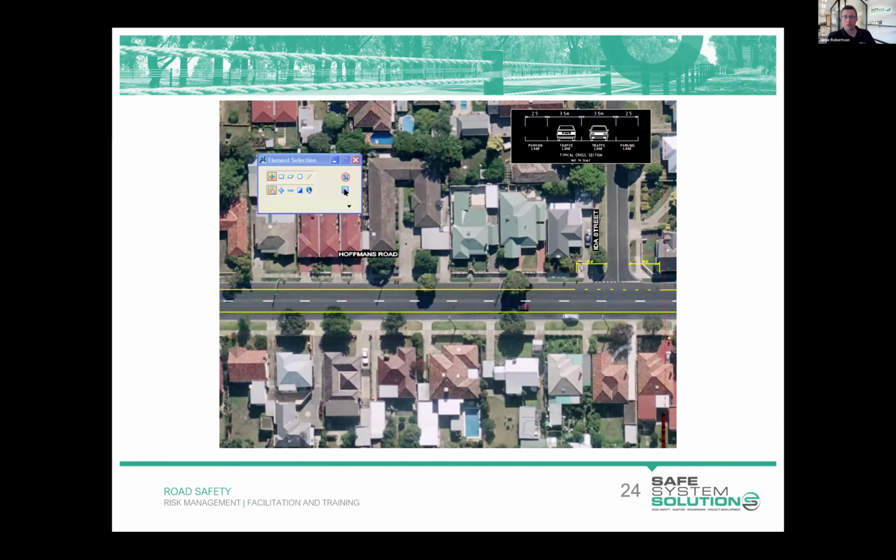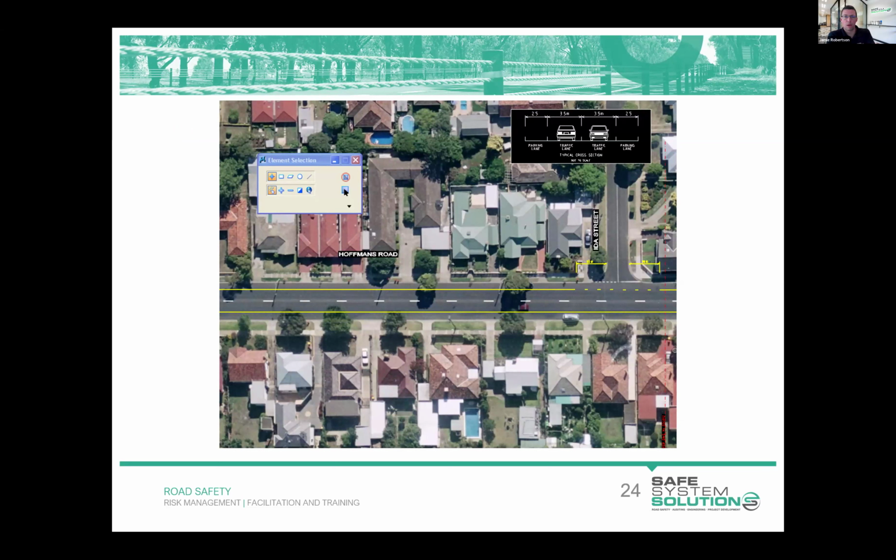Here's a little real world example where a fairly major road in Melbourne, with a wide carriageway. It's a 2-lane road, but in heavy traffic conditions, due to the carriageway width, it would operate effectively as a 4-lane road at times.